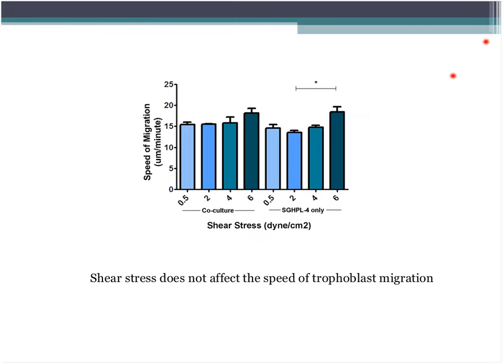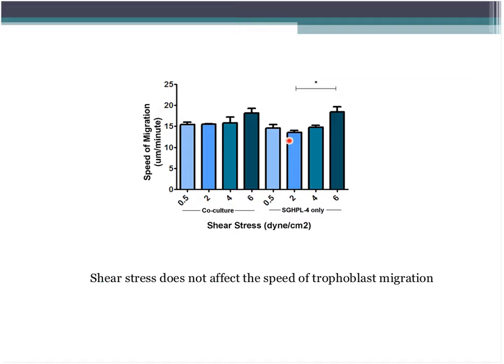So because we looked at vectors in each of the cells, this gave us information about not only direction but also speed. So we also looked at the speed data over the shear stresses between co-cultures and trophoblast-only cultures. There were no differences at all in the co-cultures from 0.5 to 6 dyne per centimetre.